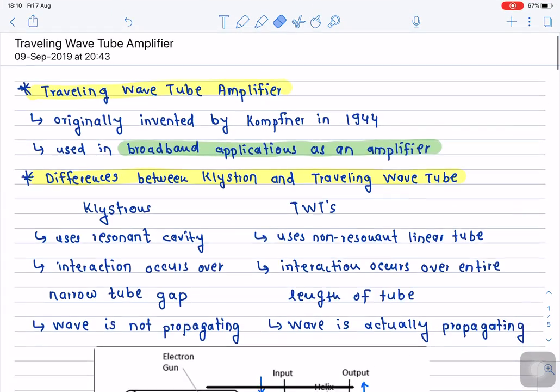So here, the traveling wave tube amplifier makes use of a special type of structure. This type of amplifier in the form of a linear beam tube was originally invented by Kompfner in 1944. Now this traveling wave tube amplifier finds its application especially as a broadband amplifier in RF systems.